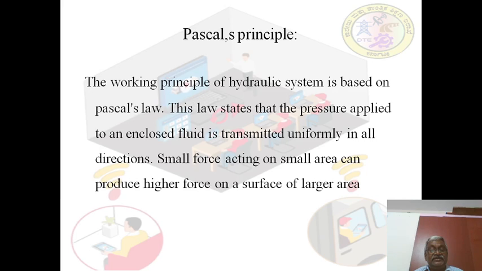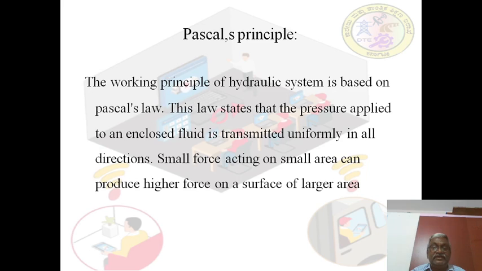That means inside that container you can check the pressure at any point, and the pressure remains the same. But there should not be any leak. It should be the liquid in a confined volume. Then pressure applied at one point is transmitted equally in all directions.